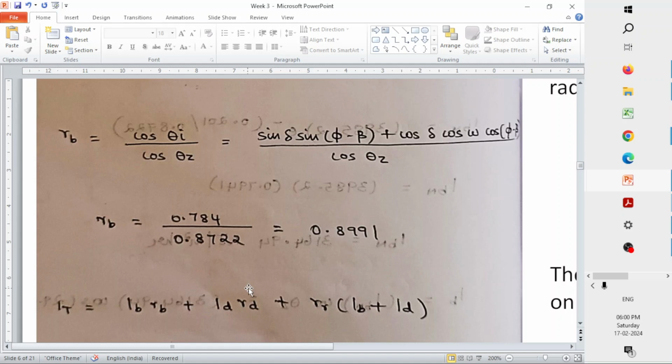RR is multiplied with both IB and ID, as I said in the previous discussions, because when both of these radiations fall on the ground surface, a very small quantity can get reflected. So the tilt factor for the reflected radiation is multiplied with both IB and ID. Now calculate the value of IT and let me know.